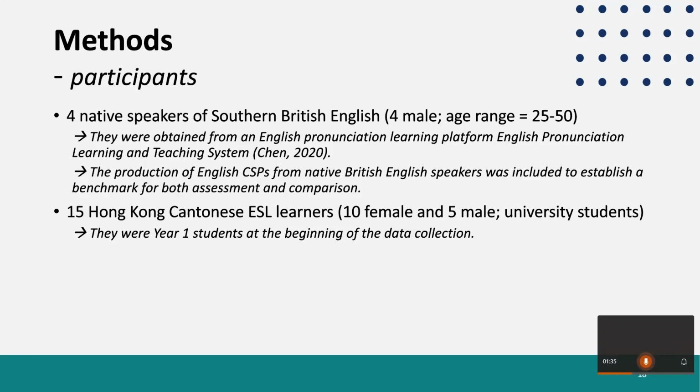Firstly, let's take a close look at the participants. 19 participants were involved in this study, including 4 native speakers of Southern British English and 15 Hong Kong Cantonese ESL learners.